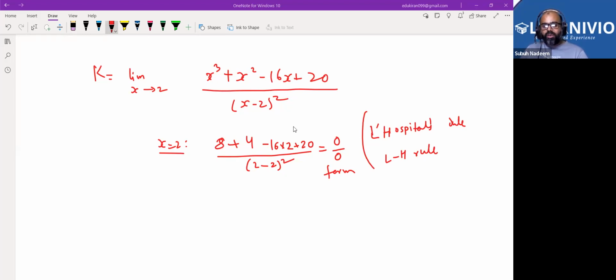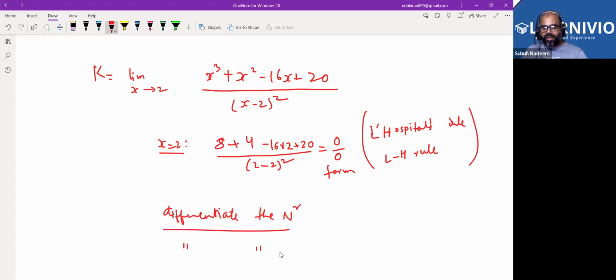So what we can do here is we apply LH rule. In LH rule, we differentiate the numerator and we differentiate the denominator, and then we put the value.